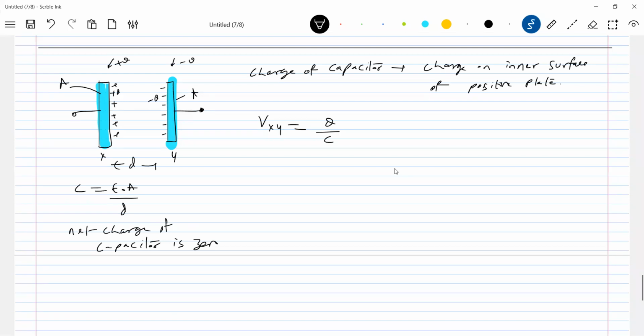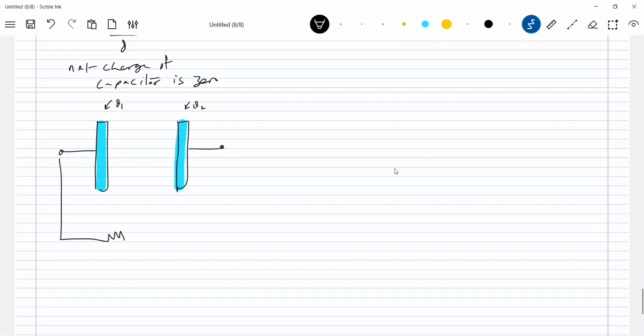So instead of giving charges like this, let me give charges of another kind. If you give charges Q1 and Q2, instead of equal and opposite, then what I do, I will bring a circuit. There's like a switch. Later on we'll see what all happens here.